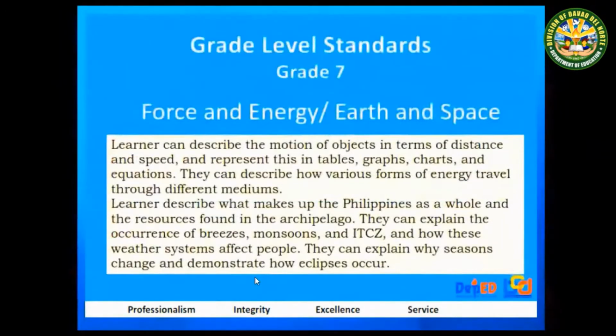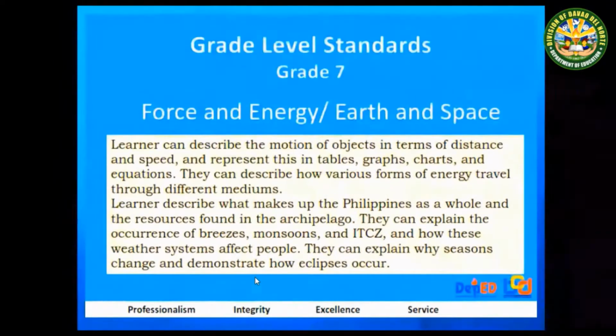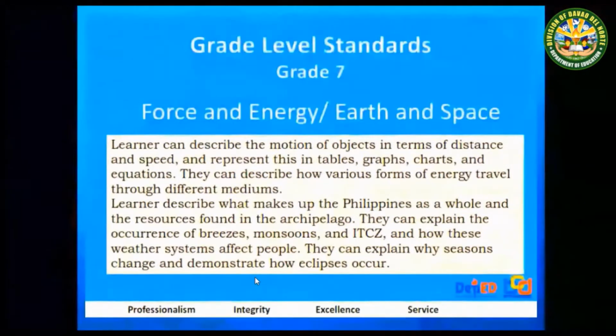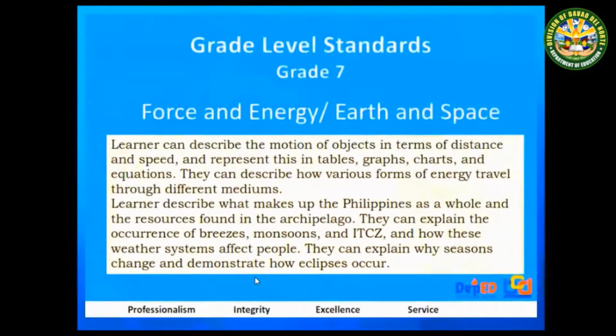For junior high school, grade 7, level standards, force and energy, earth and space. Learner can describe the motion of objects in terms of distance and speed and represent this in tables, graphs, charts, and equations. They can describe how various forms of energy travel through different mediums.